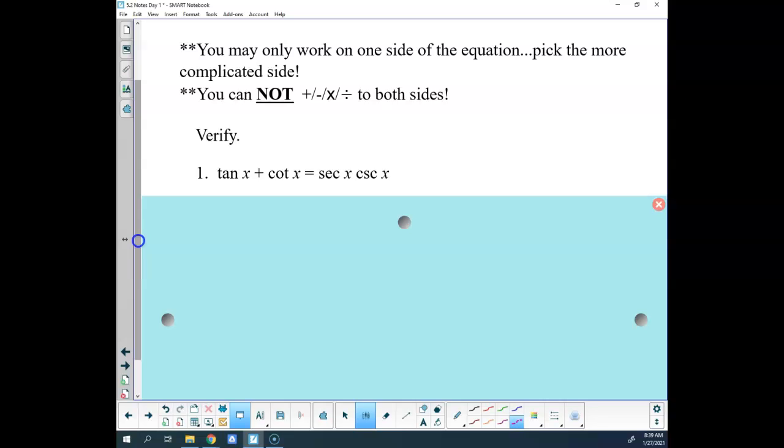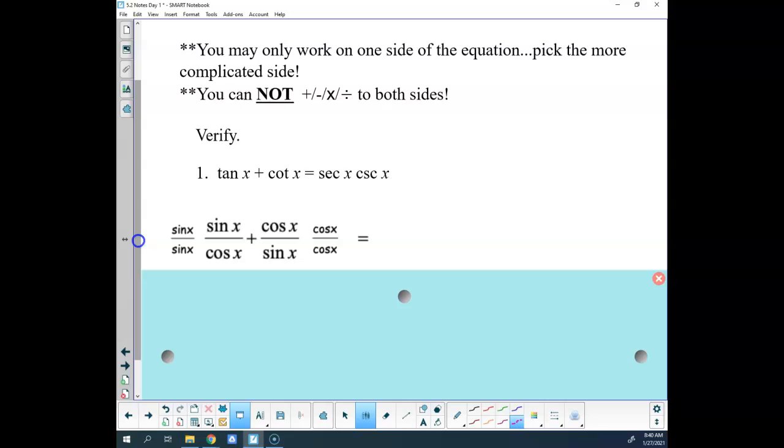Which side looks more complicated to you? Addition or multiplication? Addition, especially in trig. Addition is more complicated than multiplication. So we're going to work the left side, or what was chosen for you to do was to work the left side.